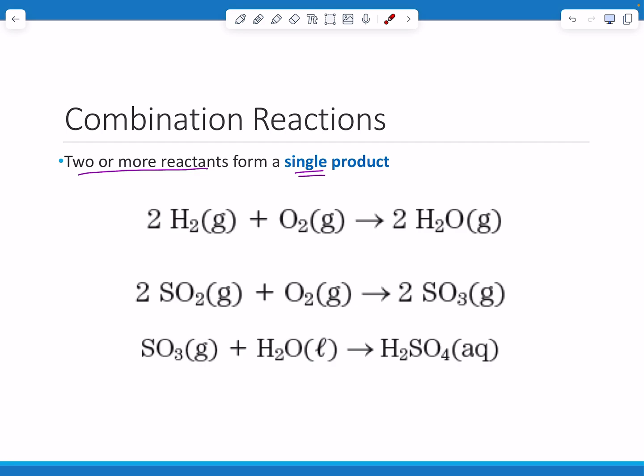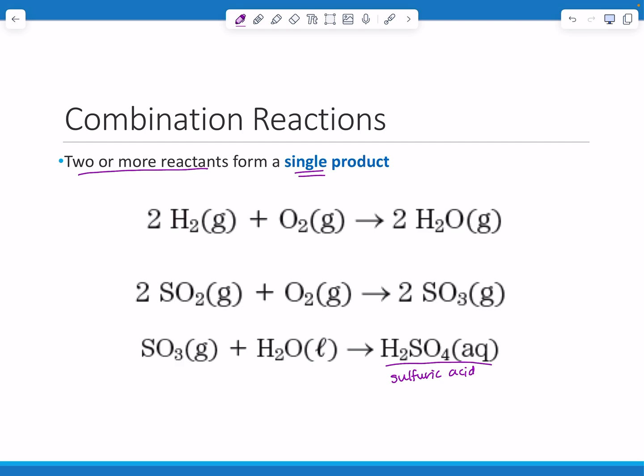When we burn fossil fuels, this gets pumped up into the atmosphere as a gas. And when it goes up into the atmosphere, it encounters water droplets, and what happens is that makes acid rain. This is sulfuric acid.